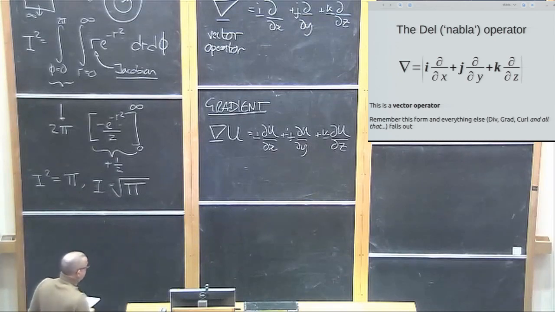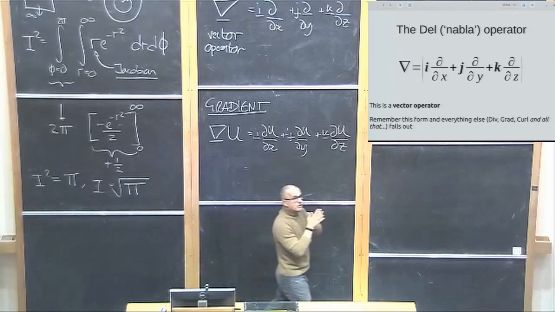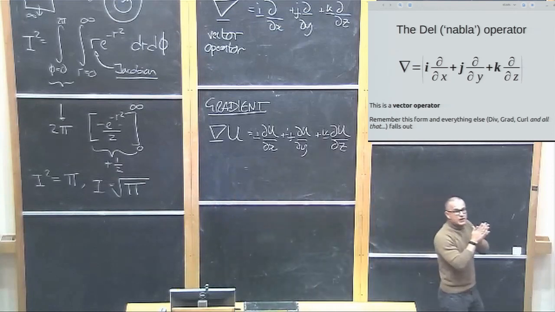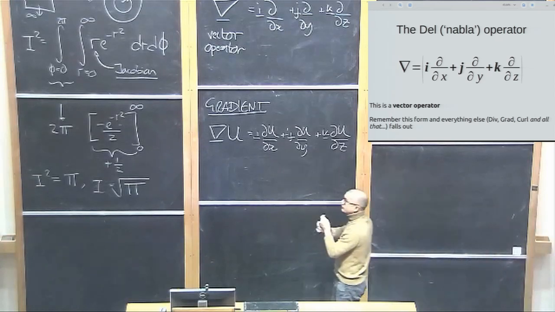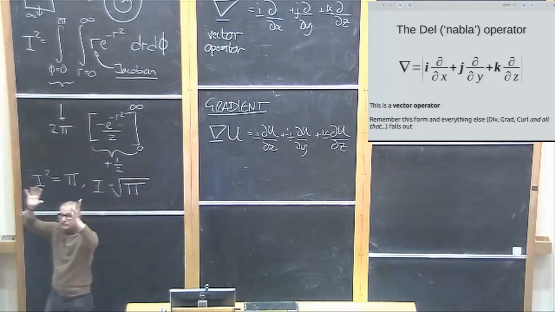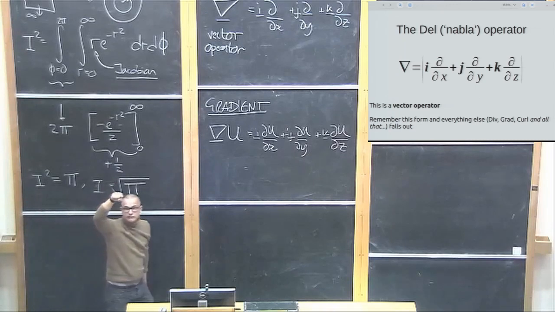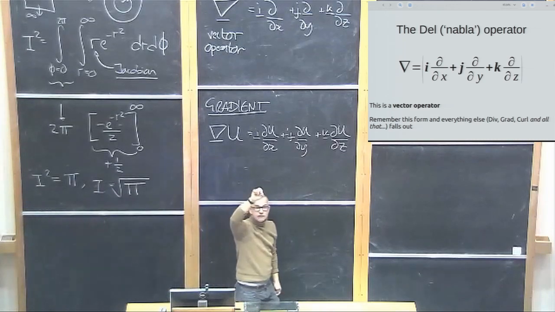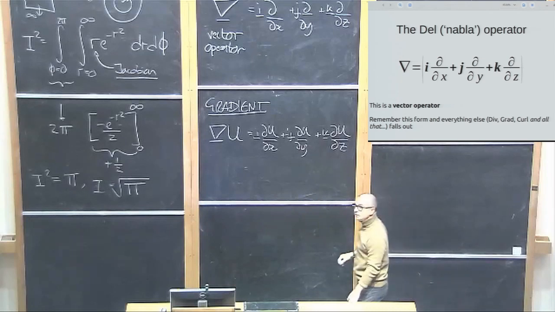So what does the gradient mean? What the gradient means is it tells you the direction of and the magnitude of the rate of greatest change in your scalar field. So remember, your scalar field, in this case a three-dimensional scalar field, you can just imagine as a volume, where at every infinitesimally small point in that scalar field there is a numerical value, which represents the value of the scalar field at that point.